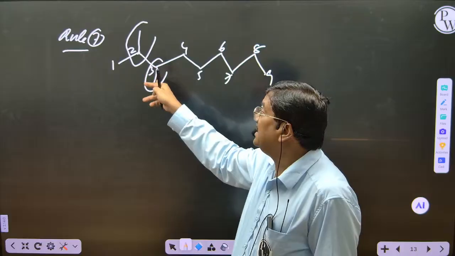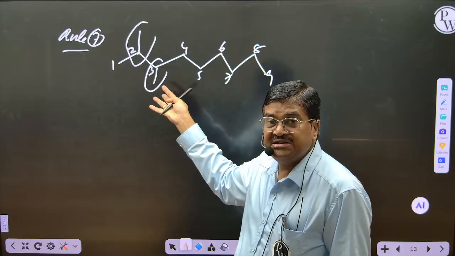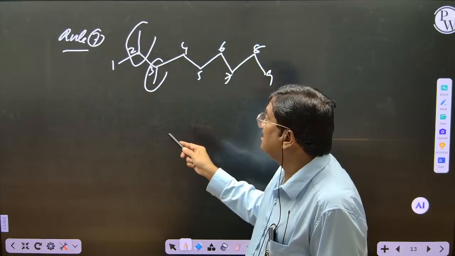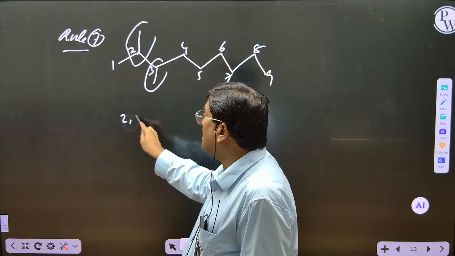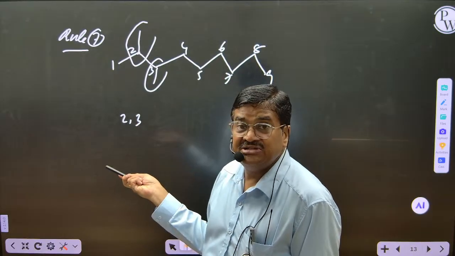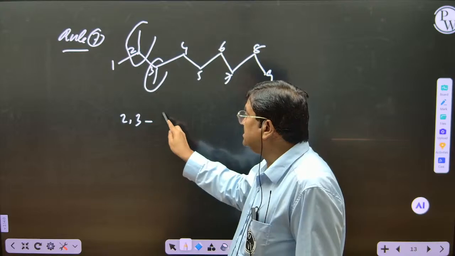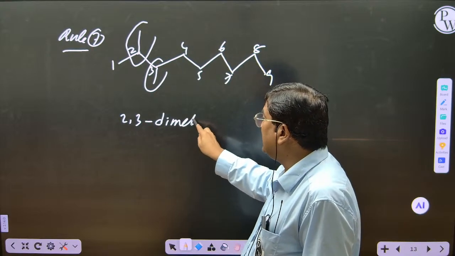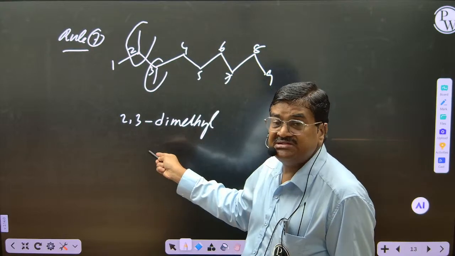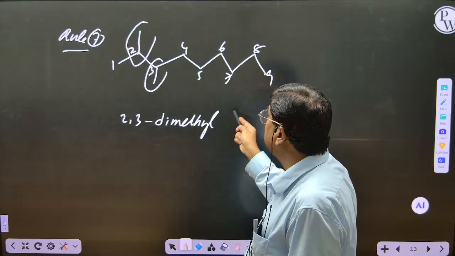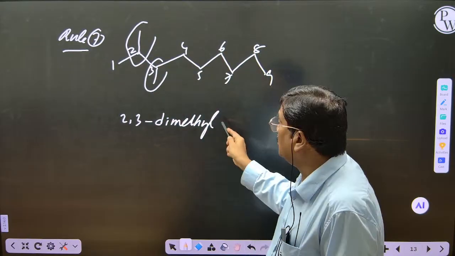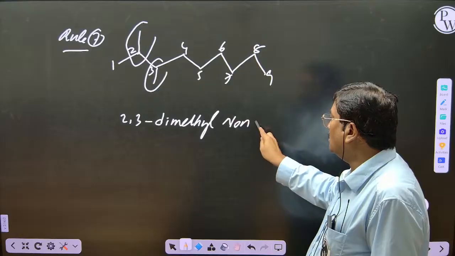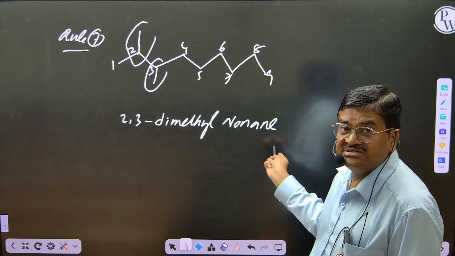We have to use what? Di. Why di? Two similar substituents are there, no? So what name should I give? 2, 3. You have to tell the address where it is located. 2,3-dimethyl. Why di? Because two similar substituents are there. 2,3-dimethyl. Then comes the word root. Nonane. Nonane means 9 carbons with single bonds.